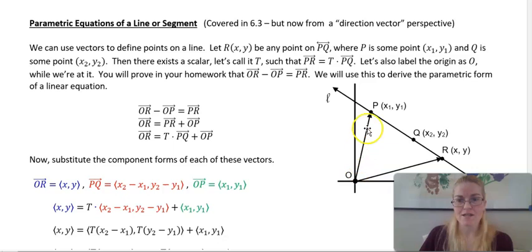from the origin, I can draw directed line segment vectors, right? And so, if R is on the line created between the points PQ, then the vector PQ is in the same direction as the vector PR.